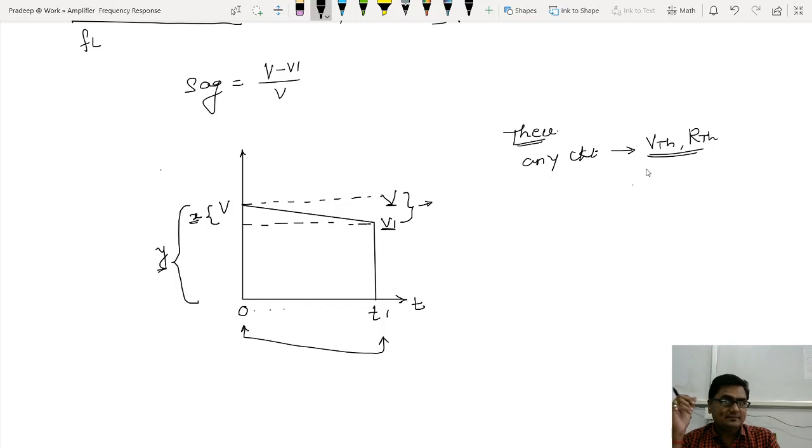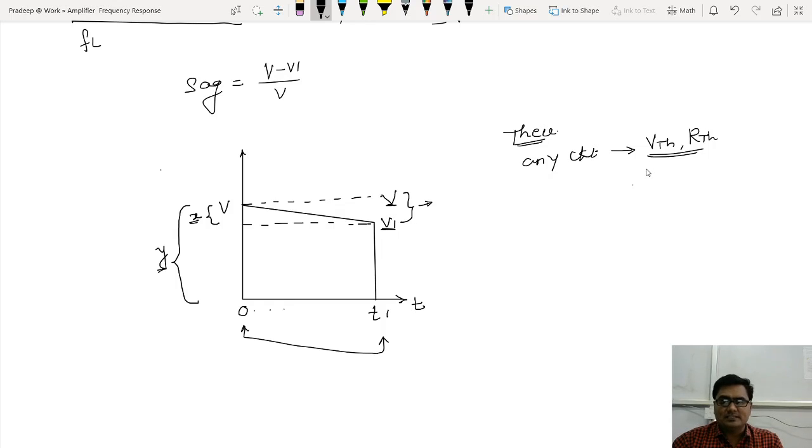Why do we do this? Because it becomes easy to analyze the full network. Whatever resistors are present, we calculate the equivalent resistance. Whatever voltage and current sources are present, we calculate the equivalent voltage source and convert the whole network into one resistor and one voltage source.